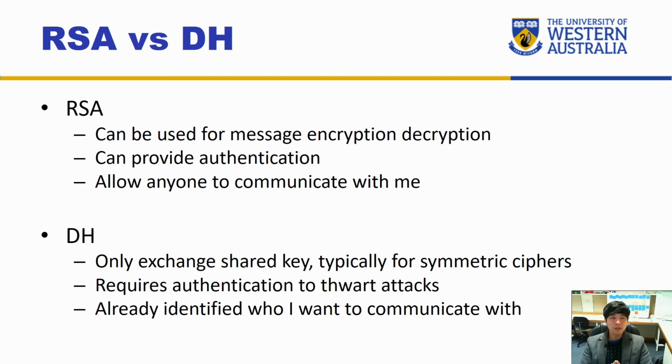And finally, you have to know who you want to talk with. In Diffie-Hellman key exchange, you know exactly who you want to share the key with to begin your communication, whereas with RSA, you just leave your public key out in public, and then anybody can use that public key to communicate with you. Those are some key differences between RSA and Diffie-Hellman.